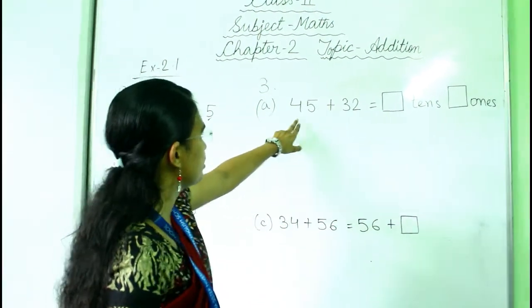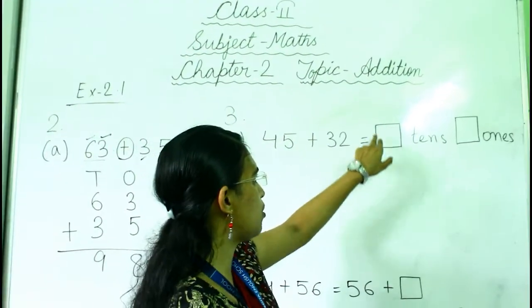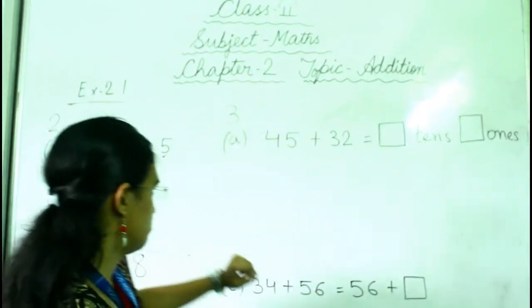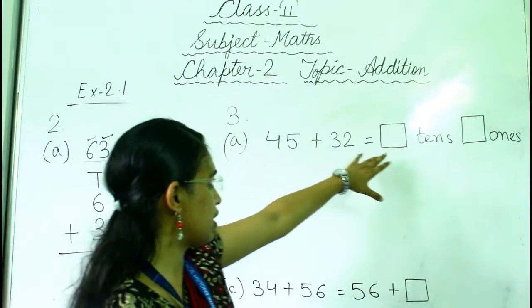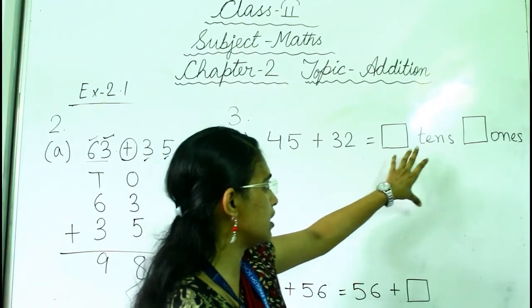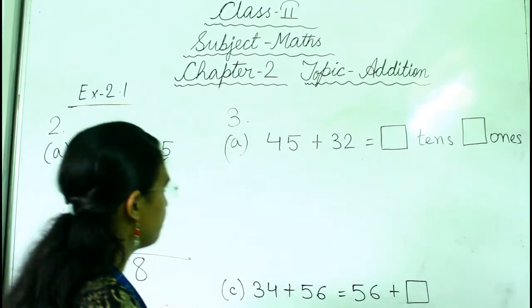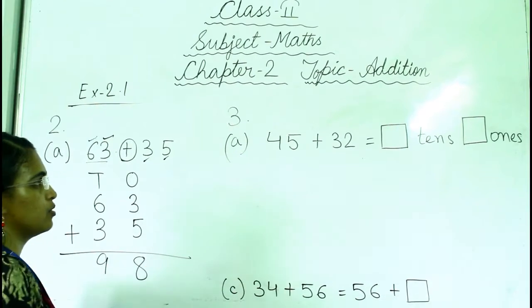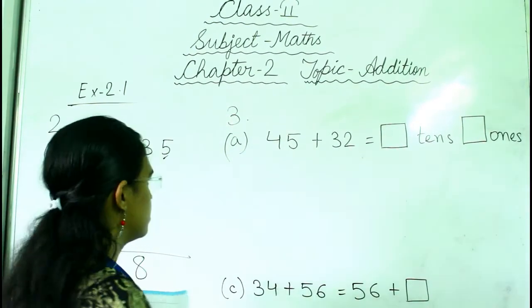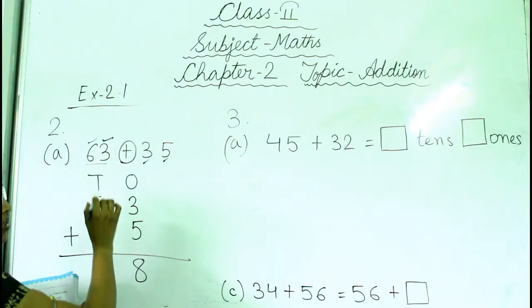Number 1 is 45 plus 32 equals box tens, then again box ones. So here what you have to do? You have to find out the answer and put the answer in tens and ones place. Okay. So for this, how you will do these sums? Same process like this. Okay.